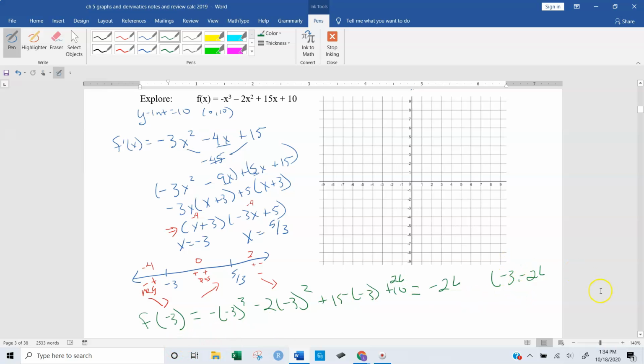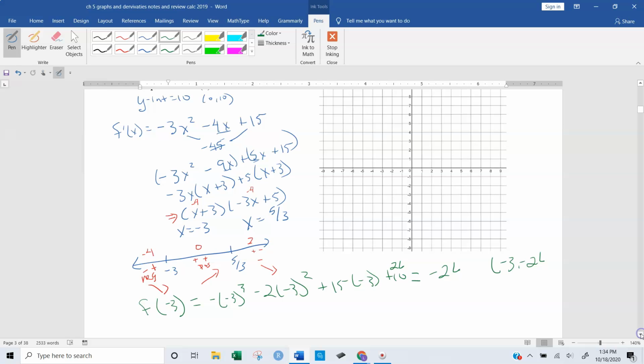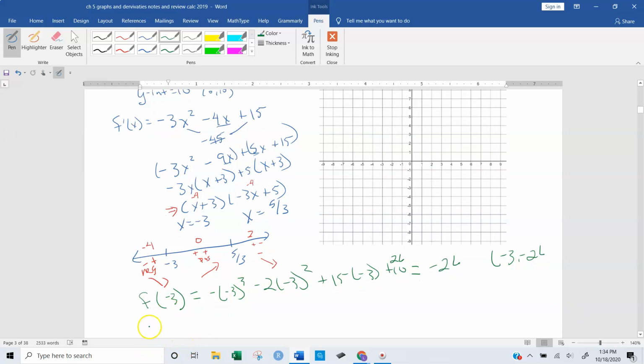And then the next point you're going to plug in is 5/3. So you're going to do f of 5/3. Again, I used my table. You're plugging 5/3 into these x's here, and when you hit enter, I got 24.8. So the next point you're going to graph is 5/3, comma, 24.8.